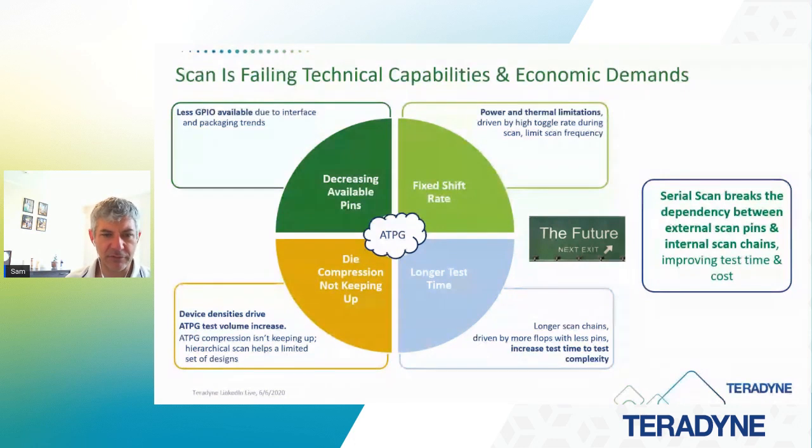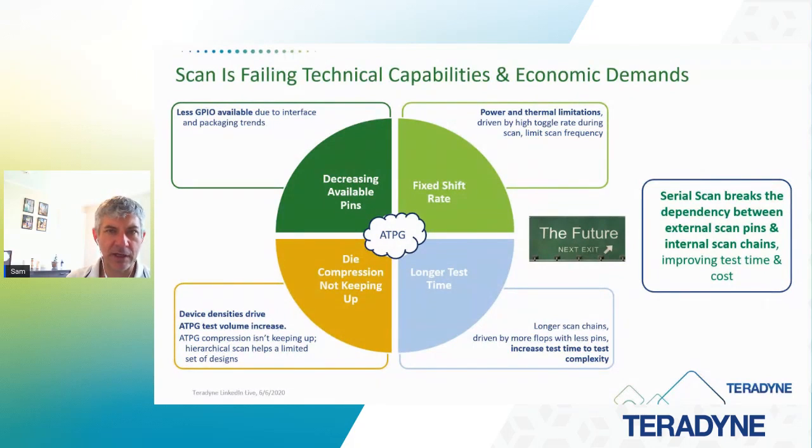And so the scan frequency is relatively fixed. There's been this promise that ATPG tools could improve, and ATPG tools have improved and can improve and do improve, but it doesn't really keep up with the curve, so you have test times increasing. Hierarchical scan helps a little bit, but it's applicable primarily to designs where you have the same core instantiated multiple times, and so not every device can take advantage of that.